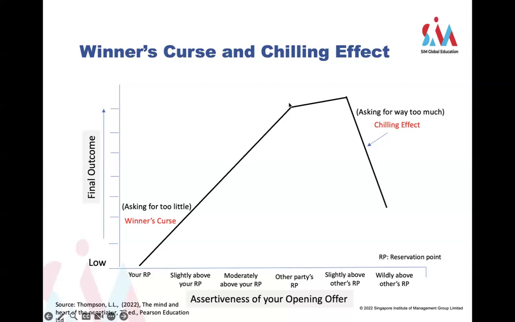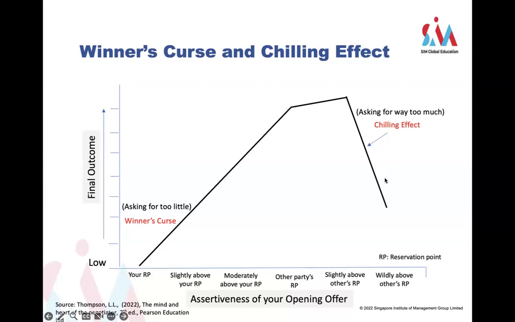If you can reach this point, you are in a very good position already. Sometimes, based on the situation and the other party, you may be able to push for a little bit more, to the extent that they are already making a loss. And beyond that, you are asking for way too much.